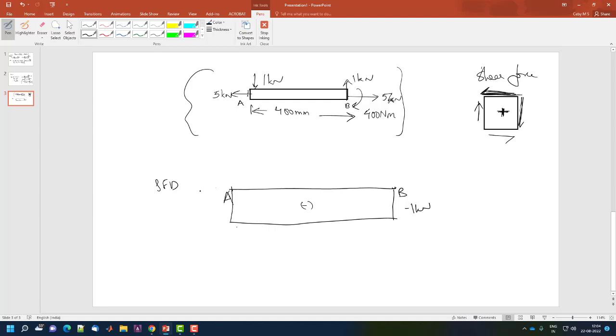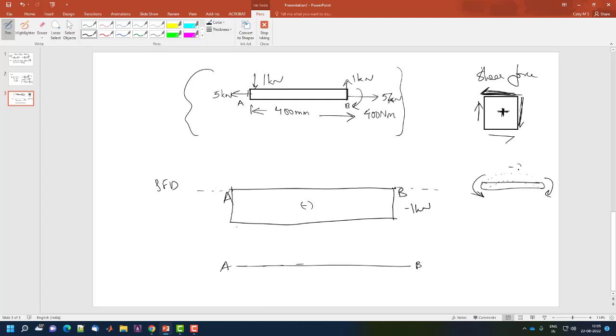What about the bending moment diagram? If I consider the bending moment diagram, the bending moment is considered to be positive if it is sagging. But this is hogging, which will result in this deformed shape.